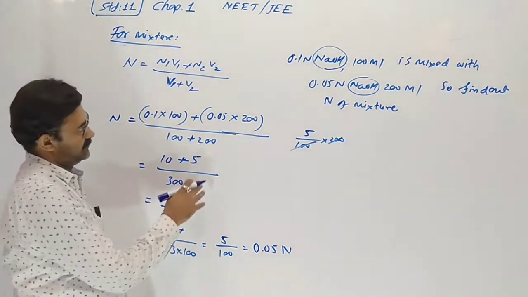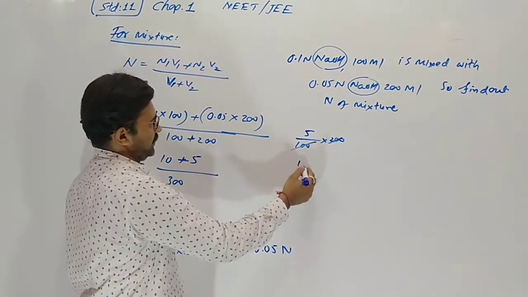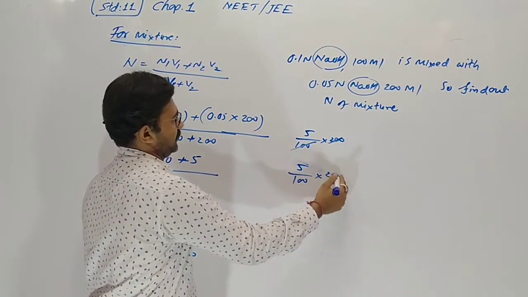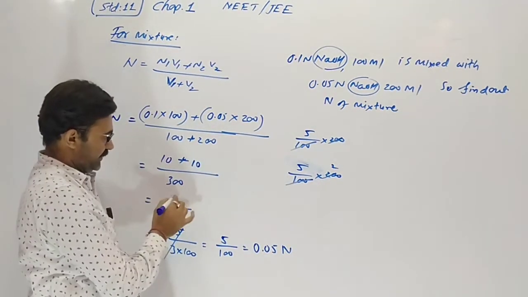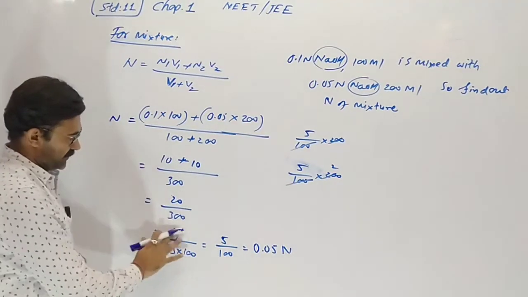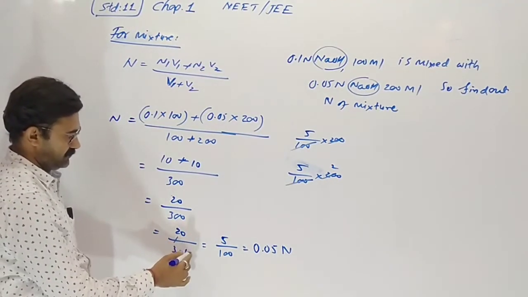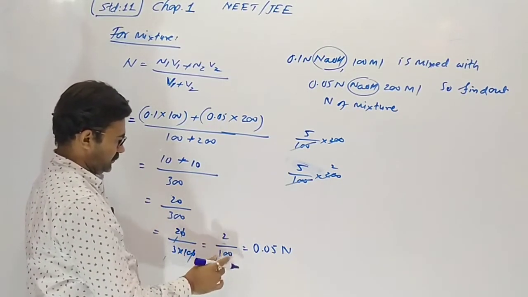Here is the mistake. 5 upon 100 into 200. Sorry, here 10. So 20 divided by 300. Same.